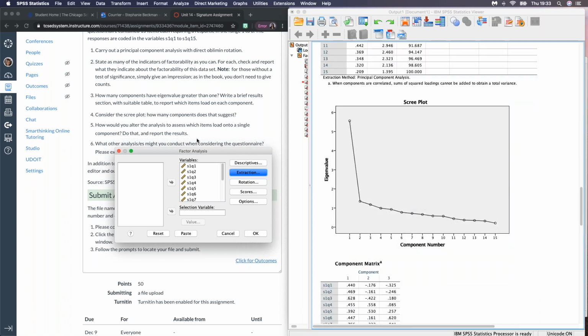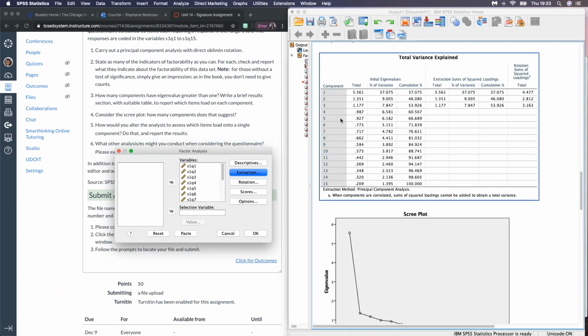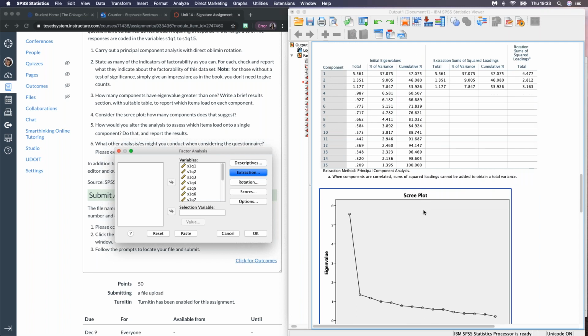The question is how many components. It doesn't tell us specifically which ones, so we don't necessarily know specifically. We just know that there are 3. Right now, imagine 15 different components, and this is just saying that these 3 are all over that 1.